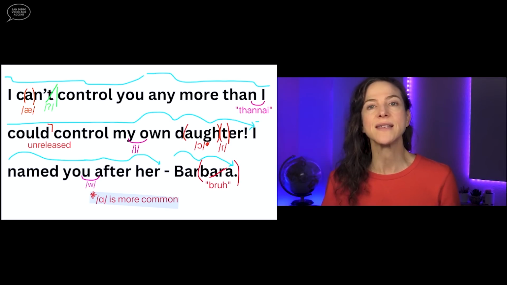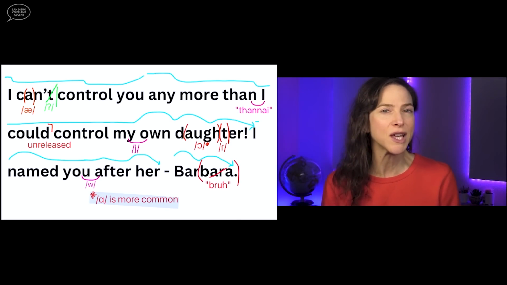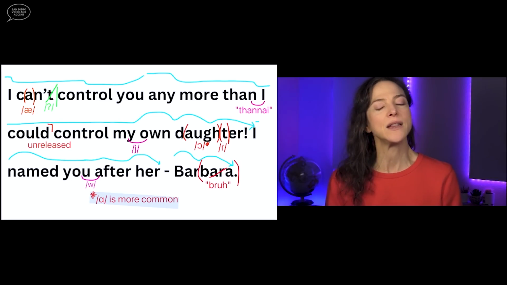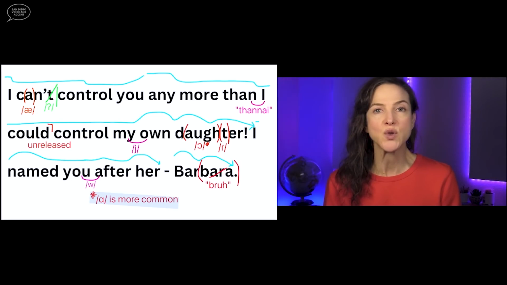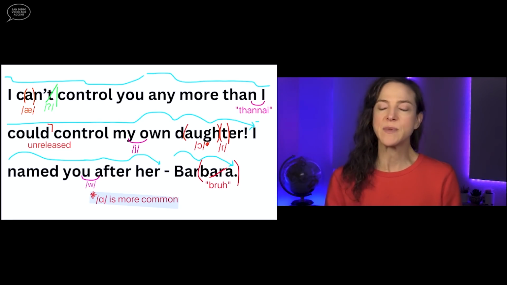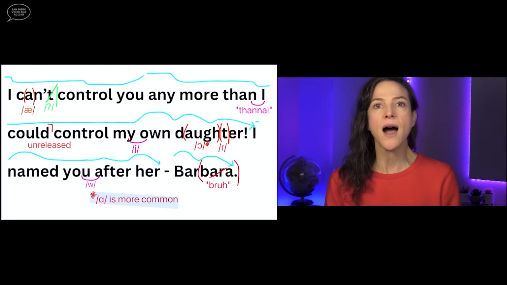So daughter is A-U-G-H. That spelling, it looks like there should be like a U sound in there. It looks like you should be rounding your lips, something like that. But just relax the lips, daughter. That's a much more common pronunciation.